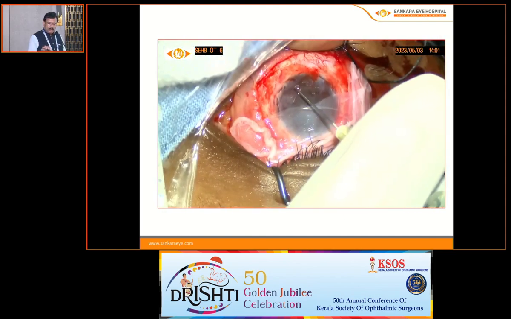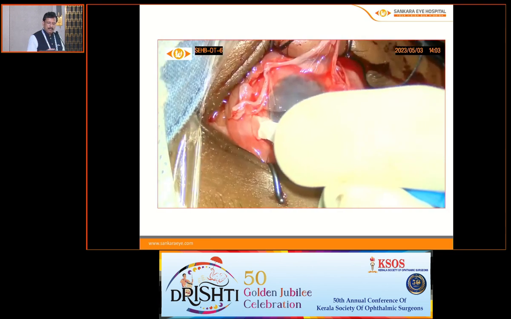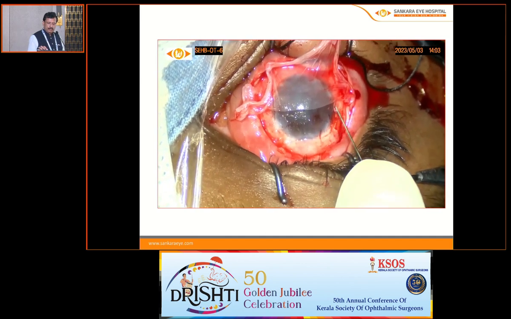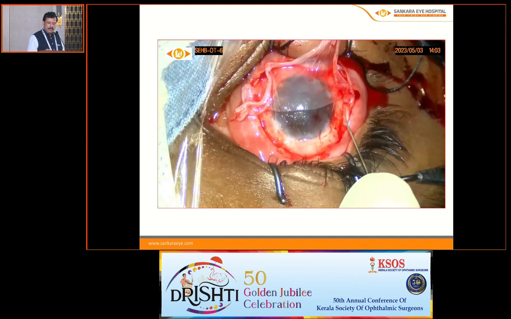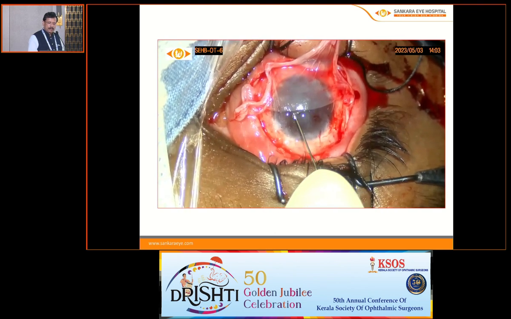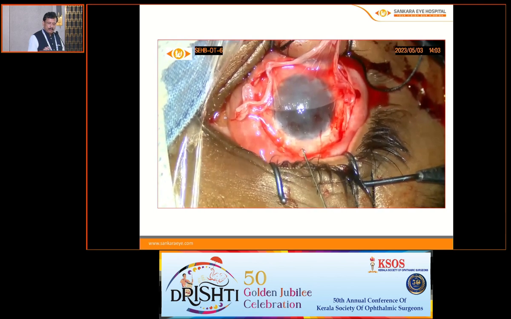Do minimal cautery, and first I put the amniotic membrane with glue. You should be very careful that the glue does not go to other areas of the ocular surface. Sometimes if it goes into the fornix or touches the eyelids, there might be adhesions later.